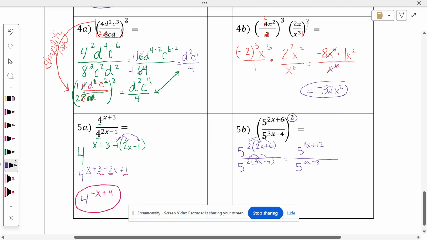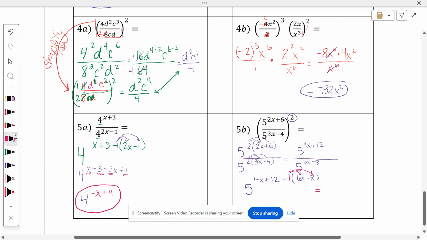So now I'm going to use the rule that says if the base is the same, I can just subtract the exponents. My numerator exponent, 4x plus 12, minus the quantity of 6x minus 8. Now again, I have a negative outside of my parentheses, so I have to distribute that.